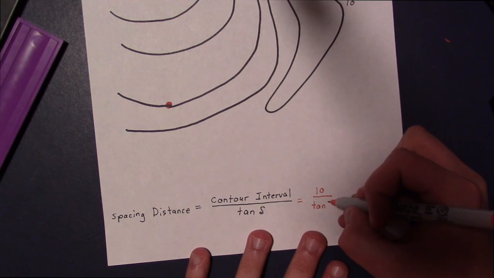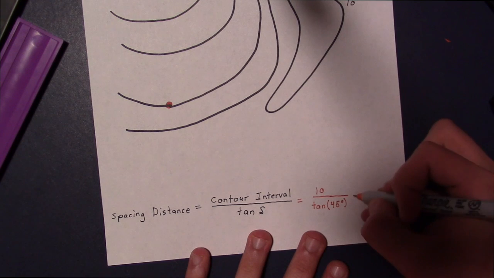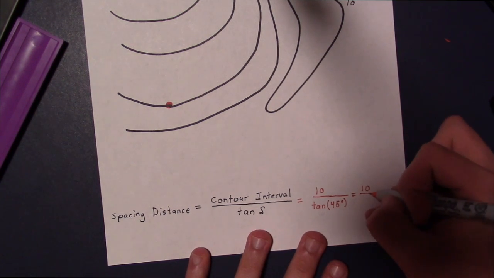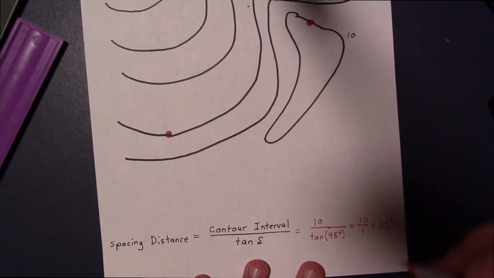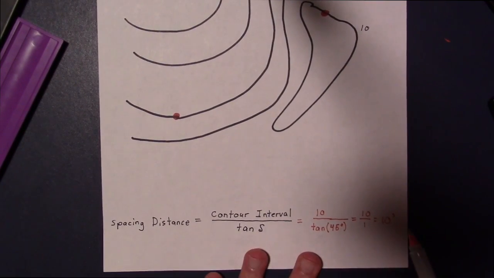And in this case, that is the tangent of 45 degrees. So we have 10 over 1, which is equal to 10. And so our spacing distance should be 10 feet.